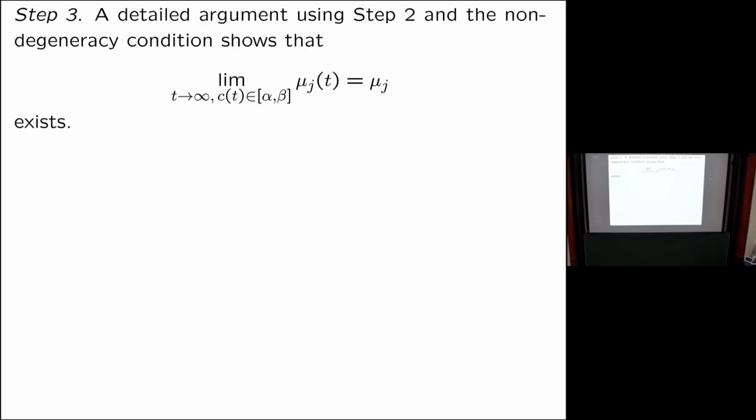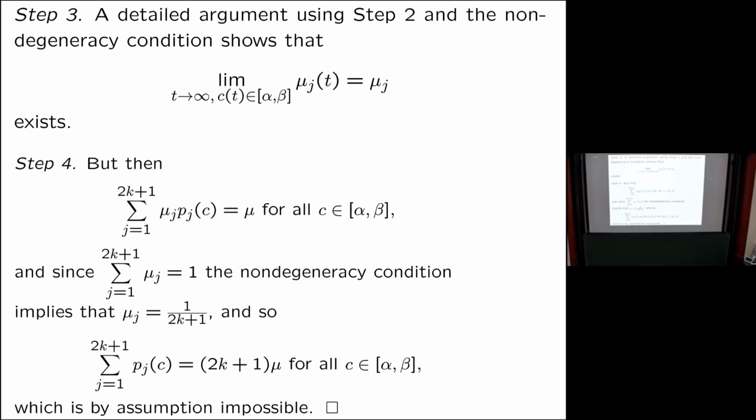Okay. So now you use a detailed argument using step 2, and you have to use the non-degeneracy condition at some point. I don't give this argument, but you deduce that, in fact, the mu j of t's, these are the measures where you're essentially equal to pj of t, converge to mu j's.